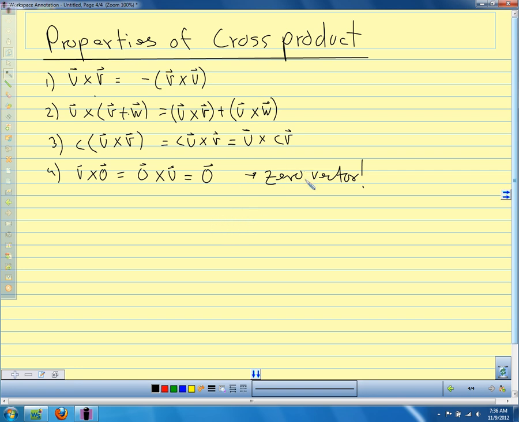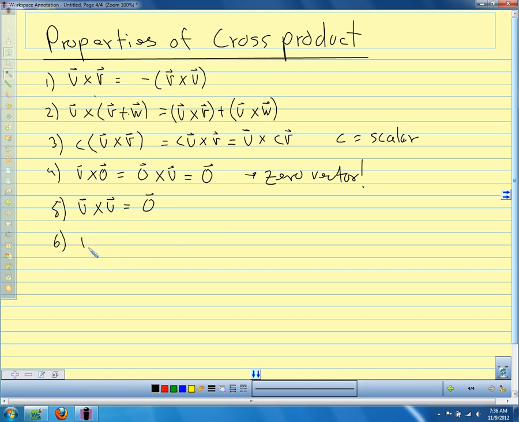All right, so this is the 0 vector. Remember, the 0 vector is not a scalar. And here C is a scalar. U cross U, any vector crossed with itself, is the 0 vector.